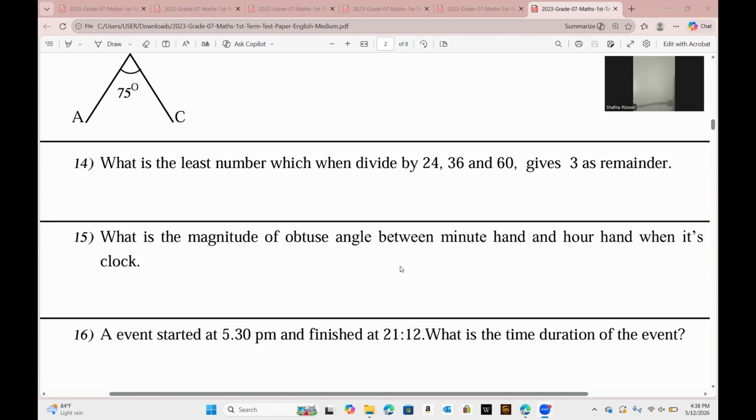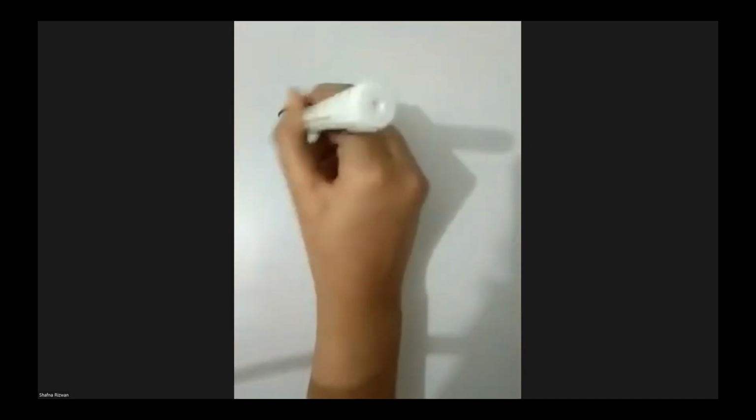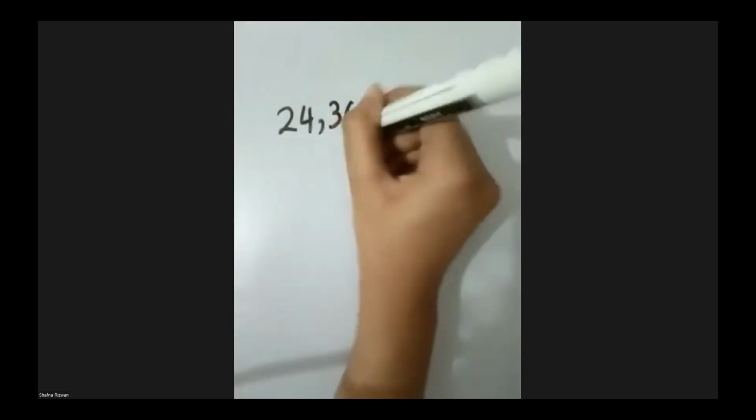Let's see how to do that. To do that, remember we have to find the LCM of it. Let's take the numbers 24, 36 and 60.